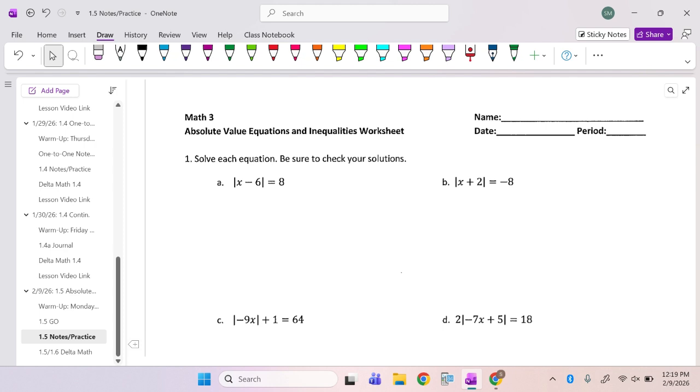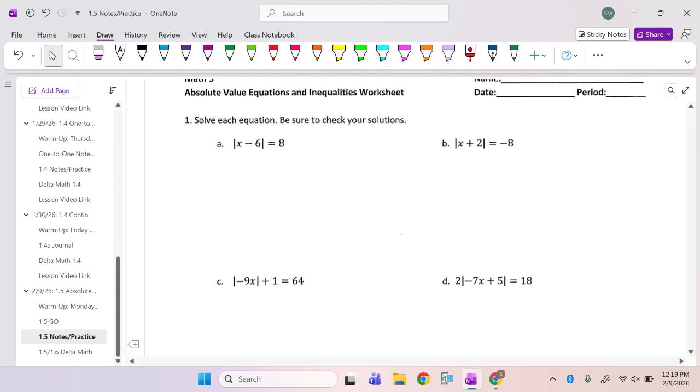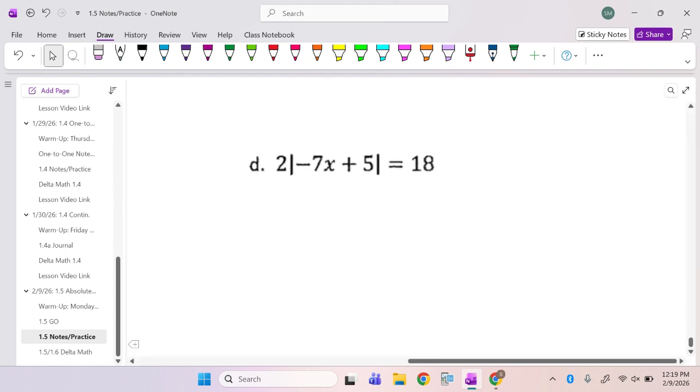Packet page 30. So the general basis of steps has not changed. All right. So we're going to do some more practice together. So on page 30, look at letter D.